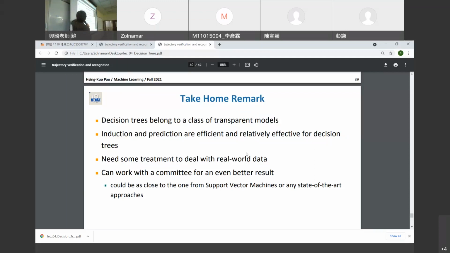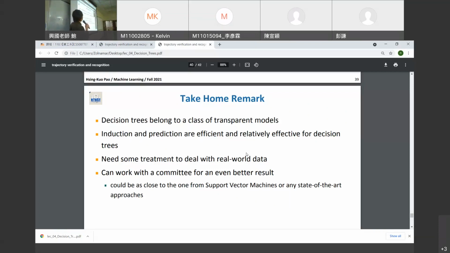Right? And when we need to deal with real world data, I think we still need some careful treatment, like continuous values, missing values, right? All kinds of situations, right? Okay, and we can work with, even though we didn't talk about it here, a committee. Committee means a set of several different trees together, and also with voting, we can get not so bad a result.